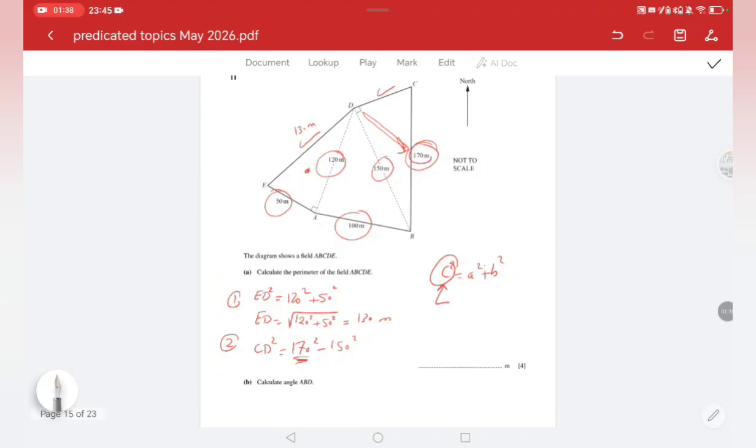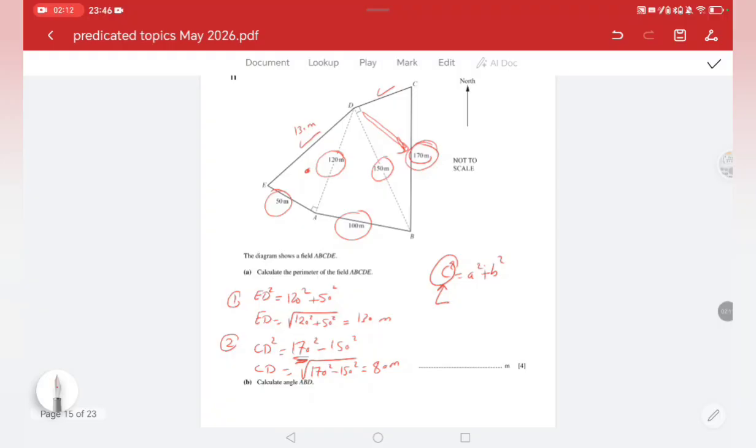So because of this, here it is the hypotenuse minus the other one. So let's find it: CD equals the square root of 170 squared minus 150 squared. It's 6,400, so it will give us 80. So this one is 80 meters.